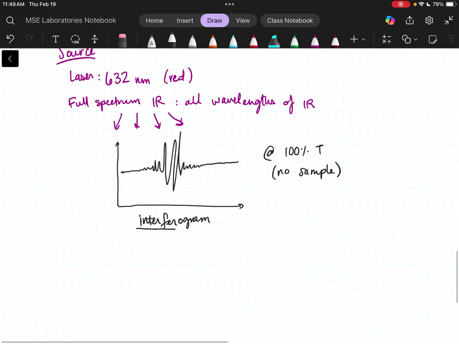Now, we'll come back to the exact naming of this interferogram in a second, because interfere is like things are interfering with one another. So we'll talk about that.